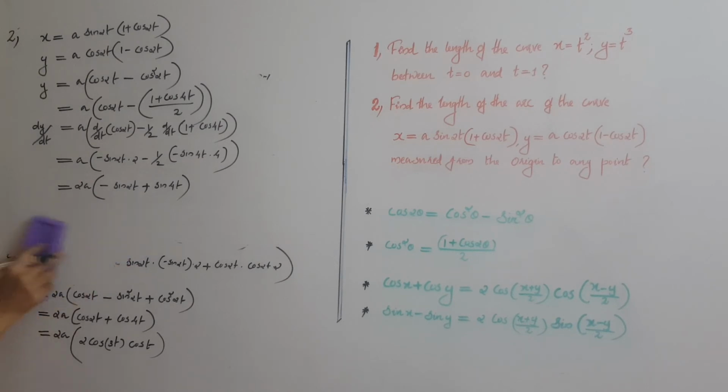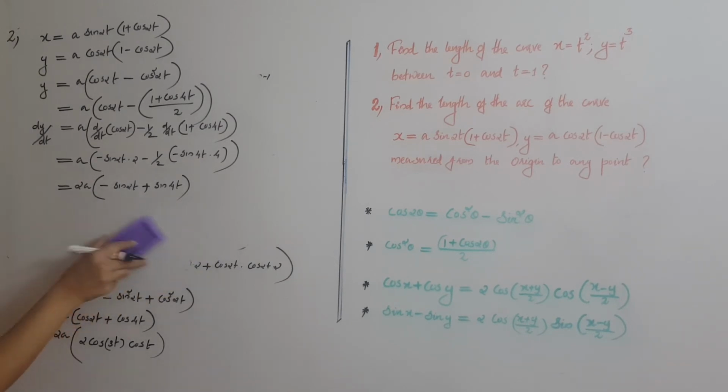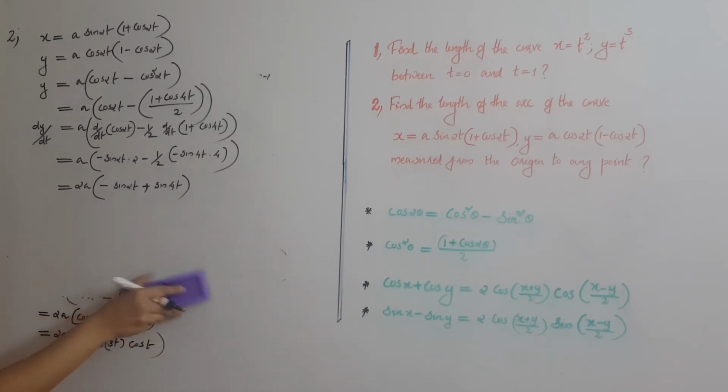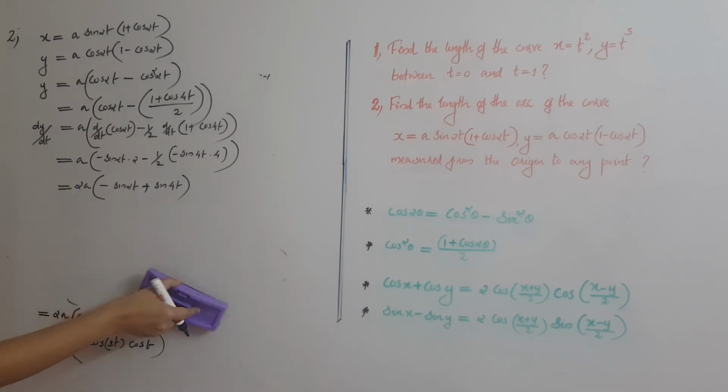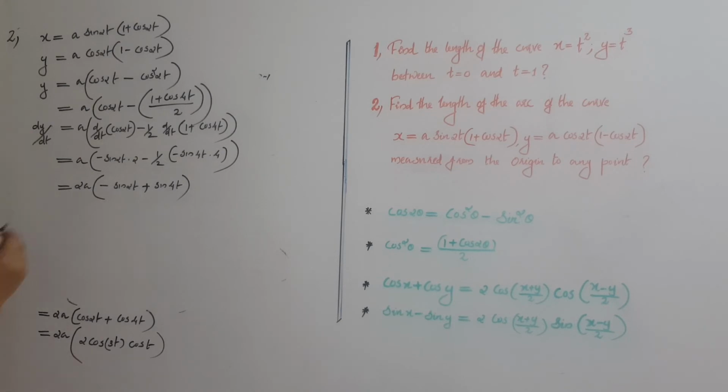I am doing all this simplification or rearranging the equation to make the integration more simple. Now it is of the sin x minus sin y form. Here also we can apply another trigonometric relation. Sin x minus sin y is equal to 2 cos (x plus y) by 2 into sin (x minus y) by 2.